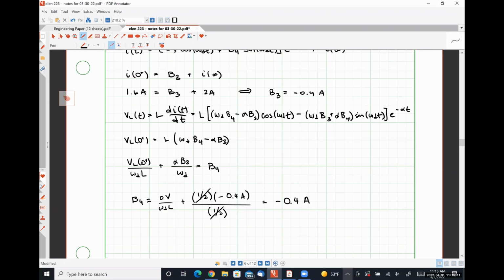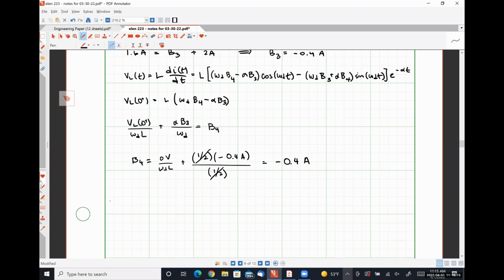From this, our inductor current, i(t), is negative 0.4 cosine(1/2 t) minus 0.4 sine(1/2 t), times e to the negative 1/2 t, plus 2 amperes.